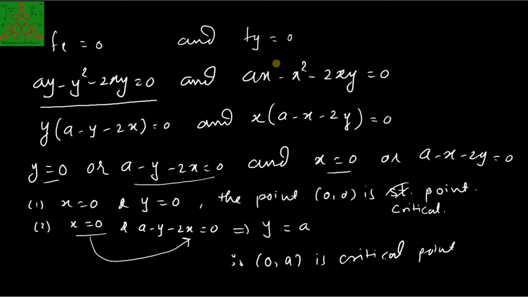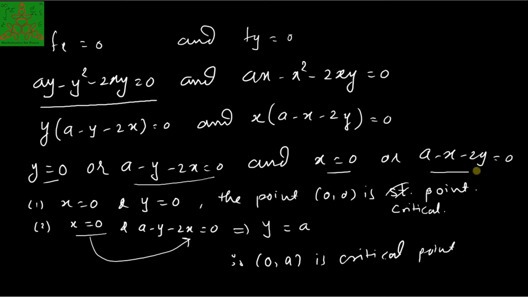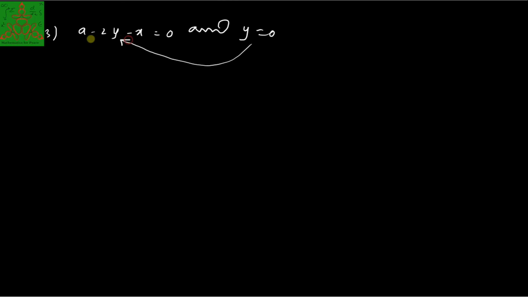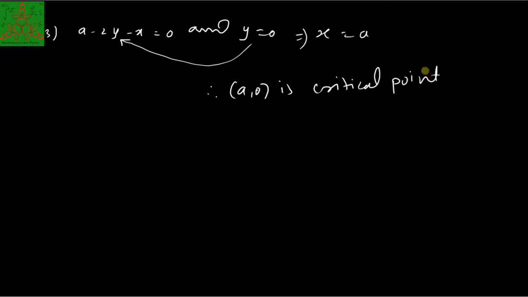The third combination is a - 2y - x = 0 and y = 0. If I put in the value of y here, we will have x = a. Therefore (a, 0) is a critical point of this function.